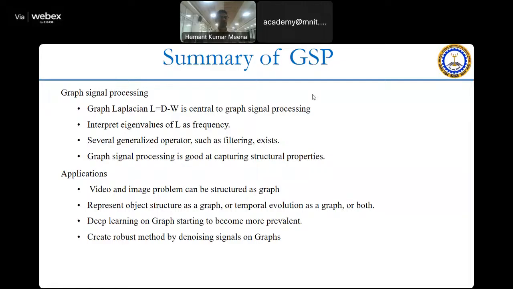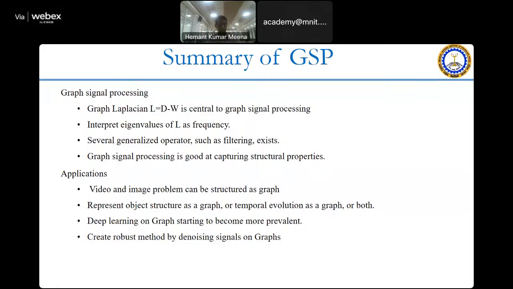Applications: video and image problems can be structured as graphs. In an image, you can take one pixel or a group of pixels as one node or vertex, and then represent it as a graph. Another thing, represent object structure as a graph or temporal evolution as a graph. Not only the spatial domain, but also in temporal evolution, you can take a graph, so how the values are changing.